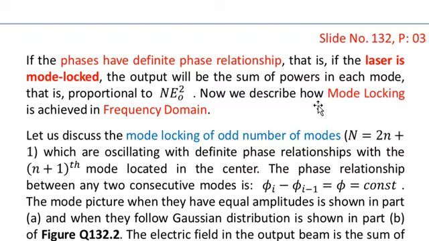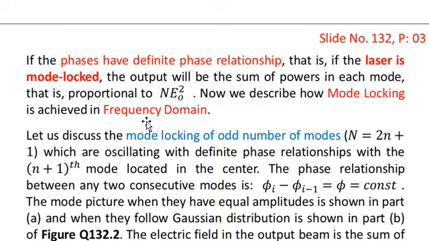Now we consider how mode locking is achieved in the frequency domain. One thing that I want to mention over here is that if the phase relationship is random, we don't need to add the amplitudes; we need to add the intensities. Let me say this sentence again because this is very important.